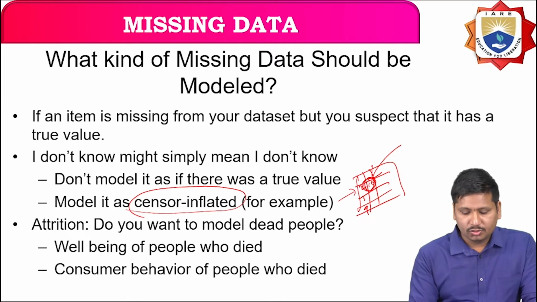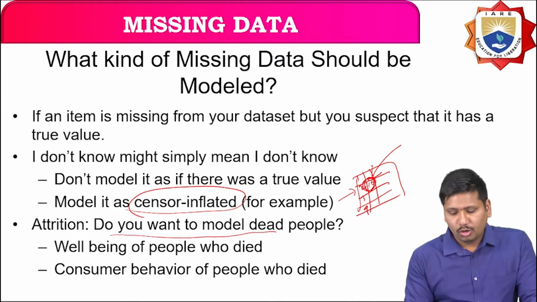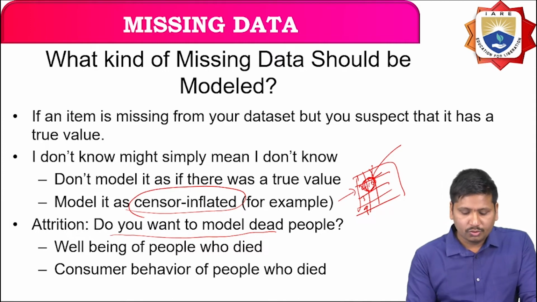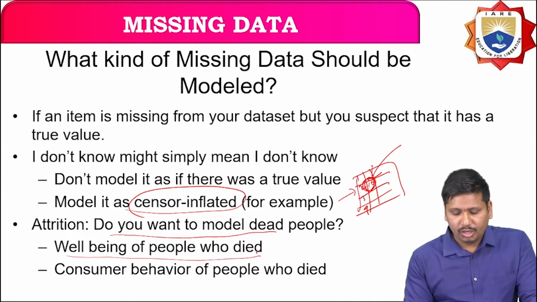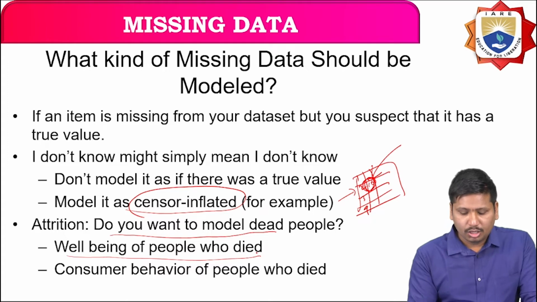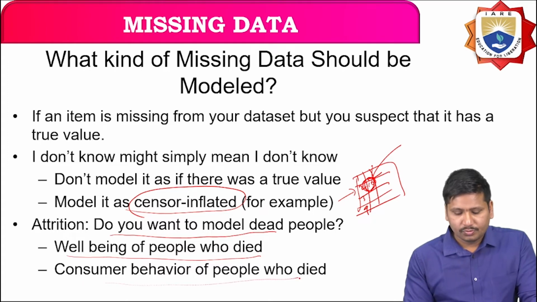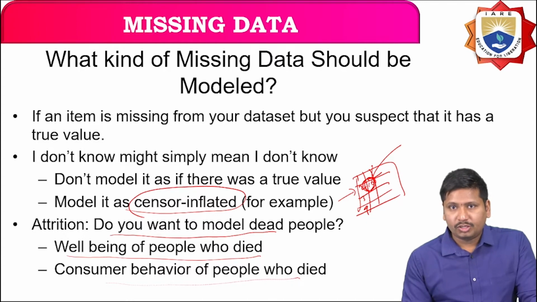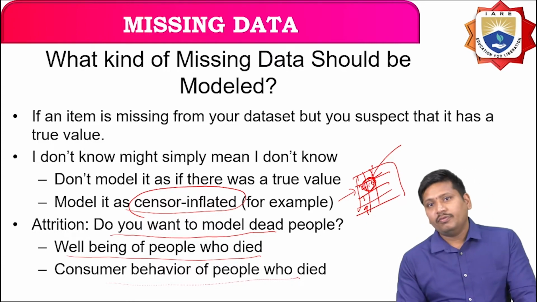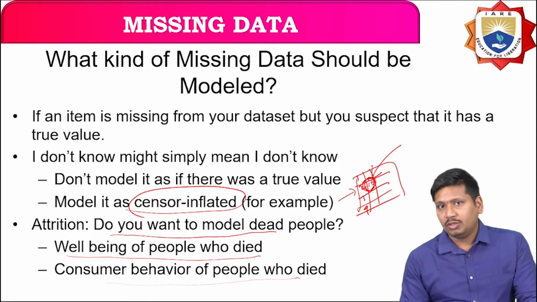And then attrition. That means, do you want to model the dead people? For that, I have to look at the well-being of people who died, and the consumer behavior of the people who died. I want to model that kind of information. So at that time I have to look at the well-being of people. Even though the health condition is good, the person may die.